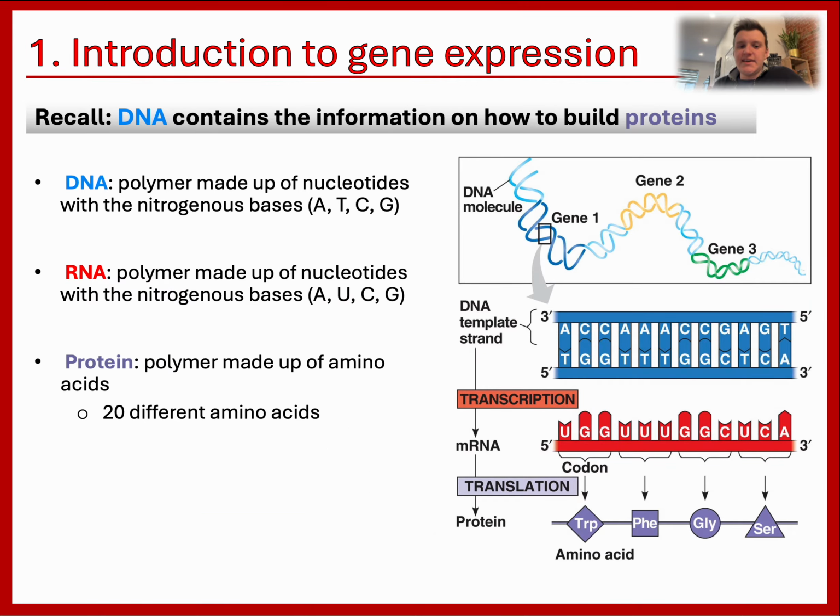Remember, DNA contains all the information on how to build the proteins. Here you see this DNA molecule, a double helix. And you see in dark blue gene 1, in yellow gene 2, and in green you have gene 3. Sections of the DNA will encode different proteins.